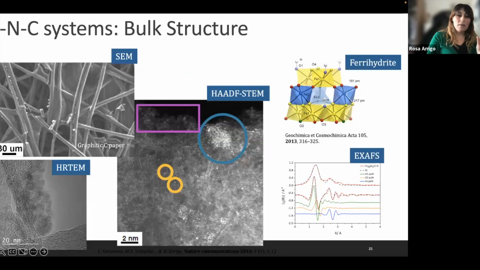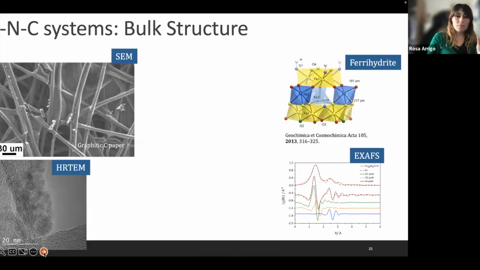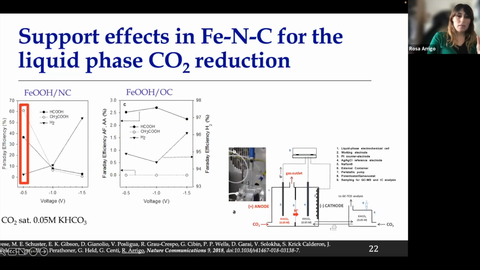However, the system suffers poor selectivity at more negative potential. But the oxygen-containing system, the oxygen functionalized carbon, is actually always selective toward hydrogen. You can see that, and it's only forming C1 chemistry here. But all very low Faraday efficiency.